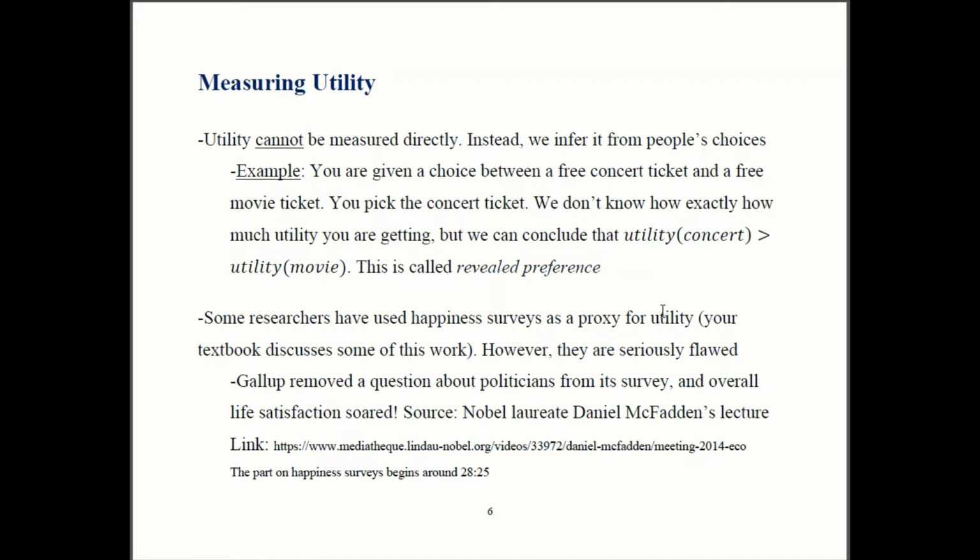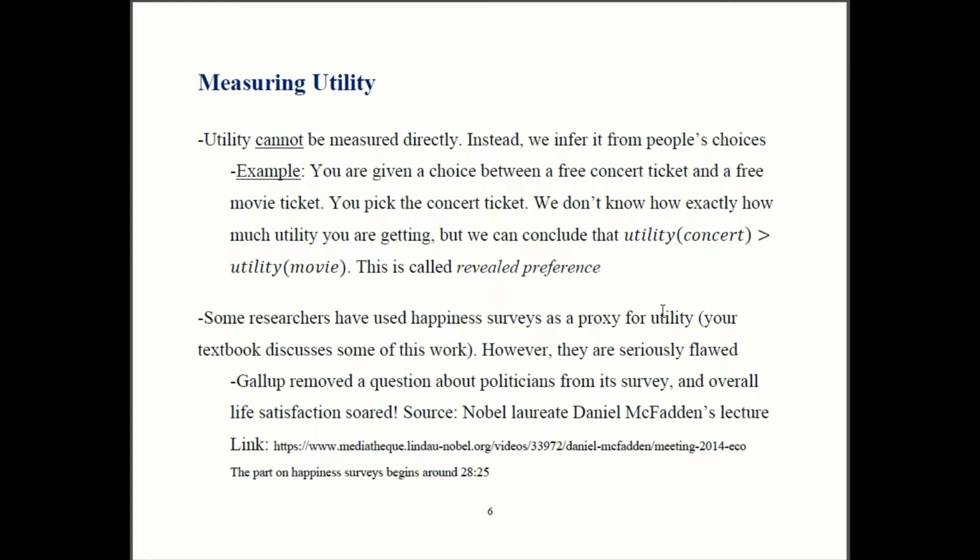One day they decided to change the order of questions on the survey. In particular, they took out a question about how satisfied you are with today's politicians. Most of the time, people are pretty upset about politicians, so if you ask them about that, it can put them in a bit of a grumpy mood. Once you put them in a grumpy mood and you ask them about their overall happiness, you get a lower number than what you would have gotten otherwise.